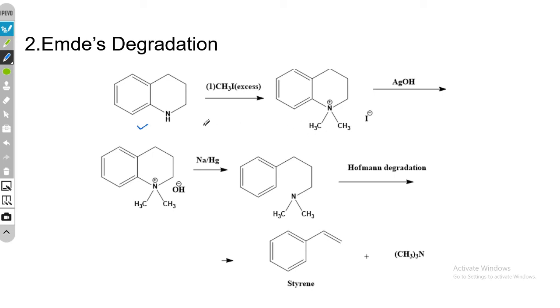Okay. So first it is treated with excess CH3I to form its quaternary ammonium salt. Then its quaternary ammonium hydroxide. After this, it is treated with sodium amalgam. Here is the Emde degradation. Okay. After that, the problem of Hofmann elimination is removed. So we can exhaustively methylate this nitrogen and it can be removed as trimethylamine. So this is the Emde degradation.